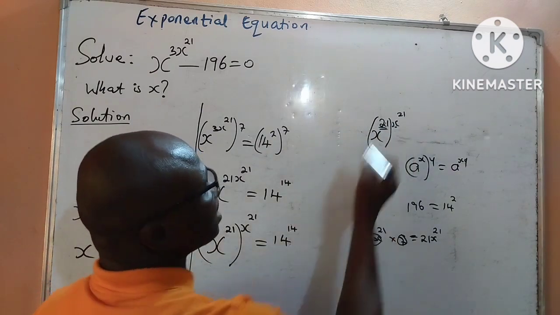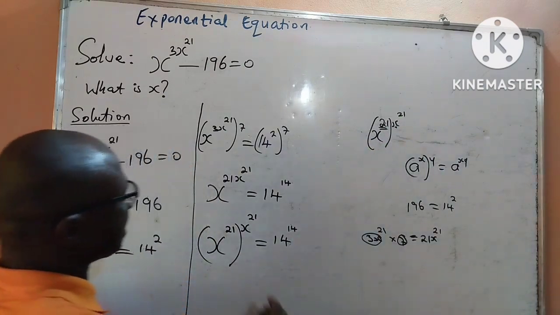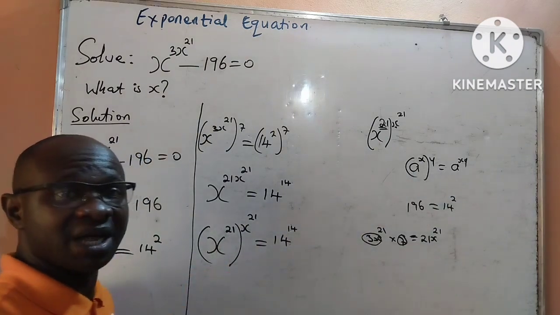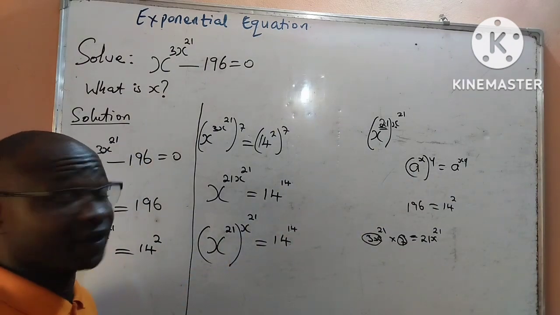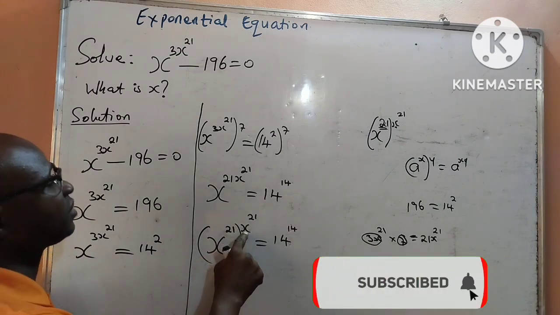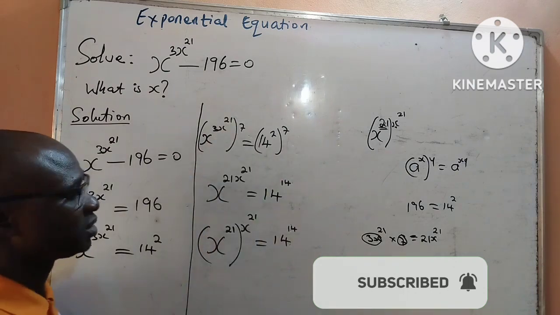The commutativity is still there, that is 21 times x is still there intact, because according to this power law of indices, 21 times x will still give me 21x, then to the power 21.